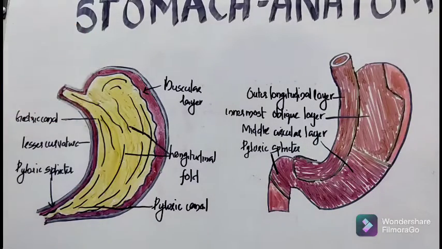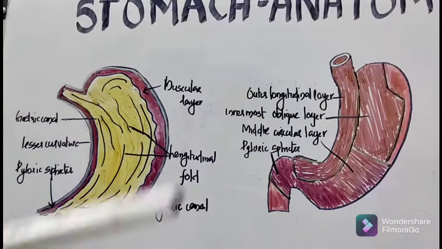It also produces intrinsic factor, which is responsible for the absorption of vitamin B12, and some substances such as water, alcohol and salts are absorbed within the stomach itself. These are the main functions of the stomach.